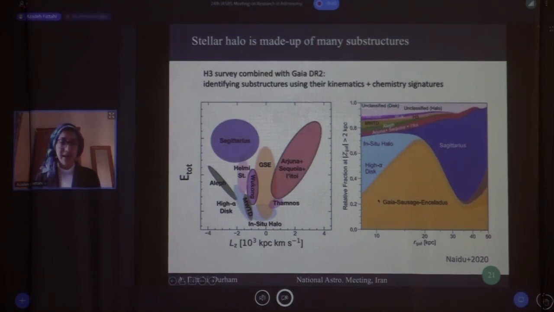This is the mass fraction at different radii. Most of the mass in the inner 20, 30 kpc is coming from GSE. In the outer parts, Sagittarius becomes important, but Sagittarius is thought to be slightly lower mass than GSE. GSE is basically the biggest progenitor, and we have a few other substructures that again were predicted, and I think we're starting to uncover these substructures.